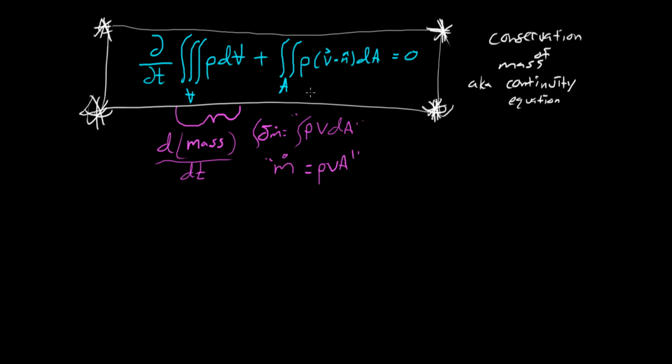But what this v dot n business has to do with is that if we have a control volume like so, and maybe we have flow going in this end and out this end, there is some A1 and some A2, maybe V1 and V2.